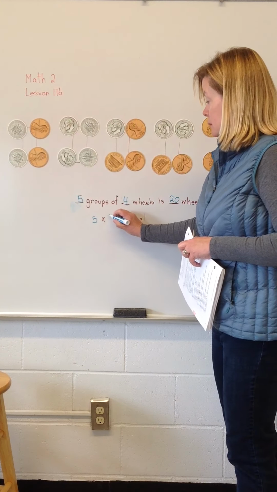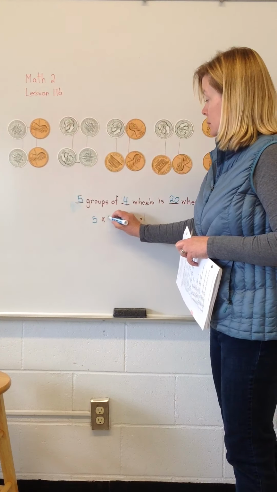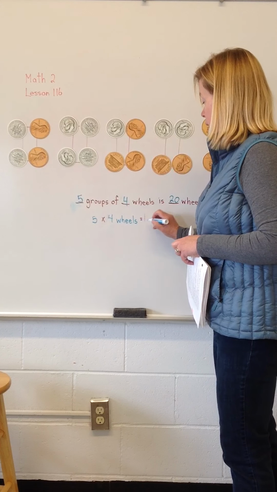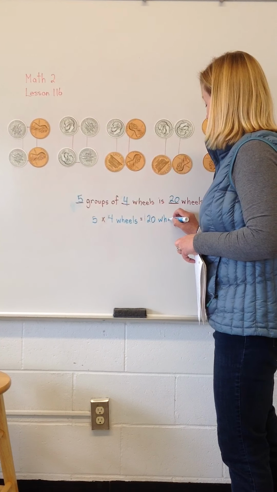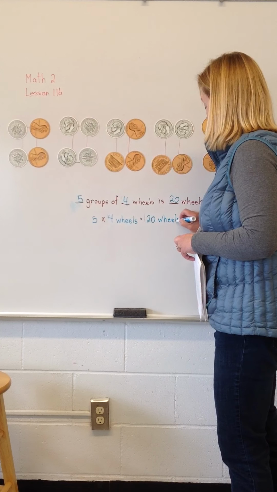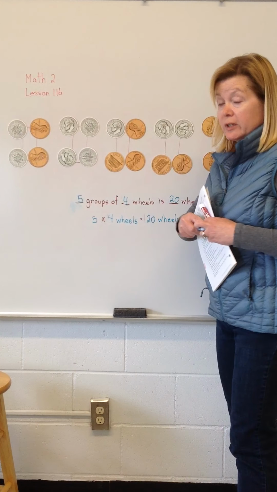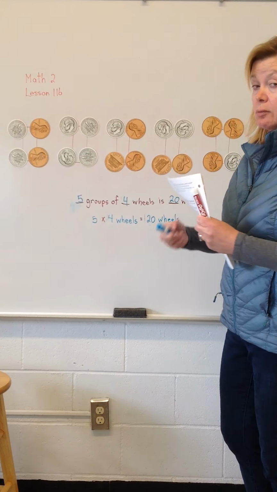Groups of 4 wheels equals 20 wheels. As you're finishing writing that, I'm going to get it ready for box number 2. This time, we're going to use the pennies to pretend that they are buttons.